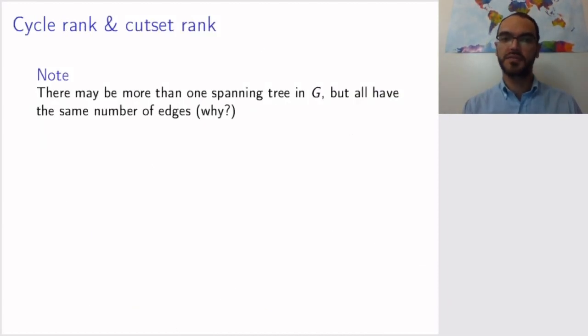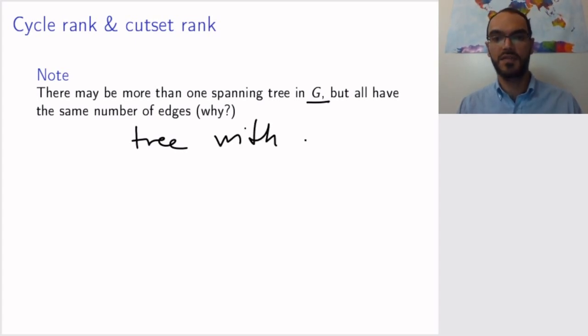As we saw in the previous example, there might be more than one spanning tree in my graph G, but they all have the same number of edges. Why is that? Pause and think. The answer is that regardless of this complicated method that I showed you, either way, what I am getting is a tree in G with the same vertices as G. So if my graph G had n vertices, it will have n vertices.